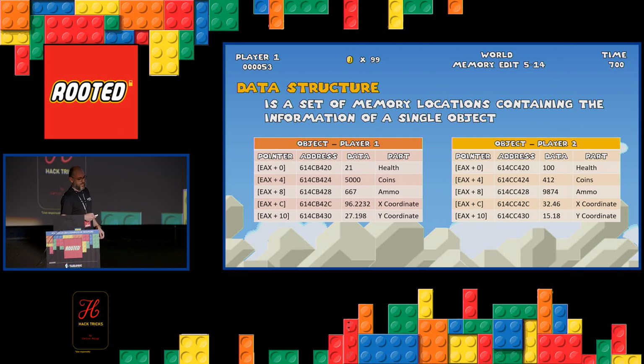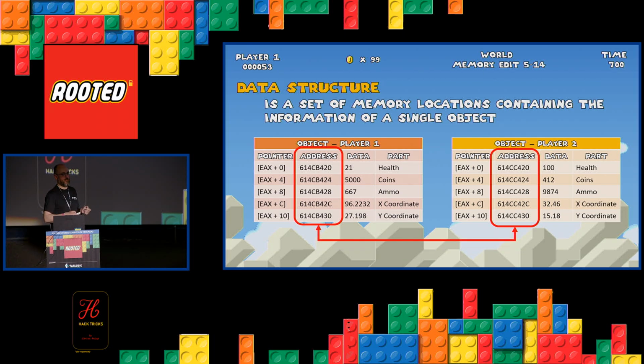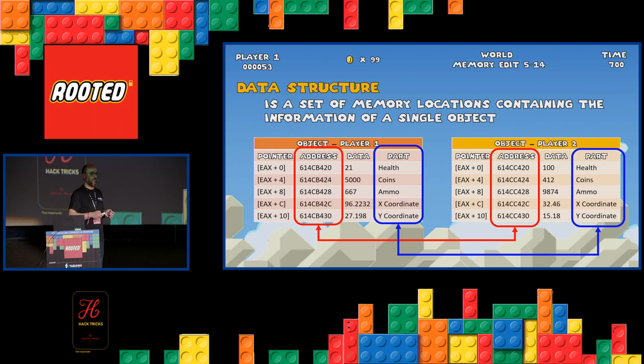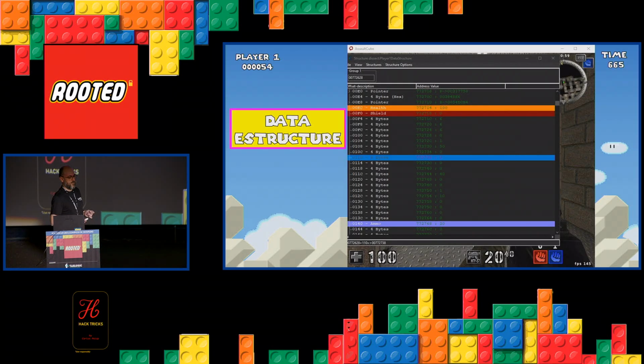More things about the memory. The data structure, as you can read, is a set of memory locations containing the information of a single object. Here you have two fake tables of player 1 and player 2. You can see the structure is the same, but the values changed, which are the memory offsets where the information is stored. As you can see, they have the same structure. With Cheat Engine, you can find the data structures in the game, in this case, of this player.